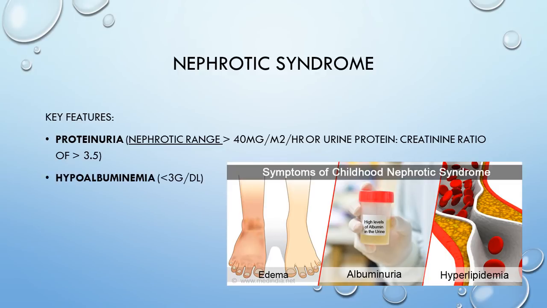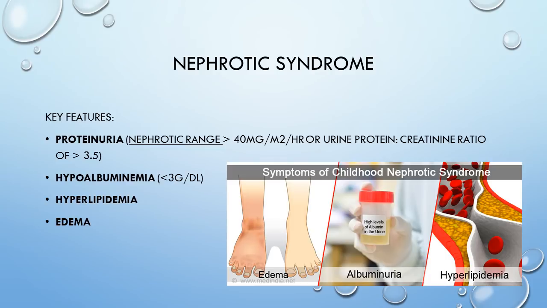So they have hypoalbuminemia, with albumin levels in their blood less than 3 grams per deciliter. They also have hyperlipidemia and edema. So these are the things you need to memorize for nephrotic syndrome: proteinuria, hypoalbuminemia, hyperlipidemia, and edema.